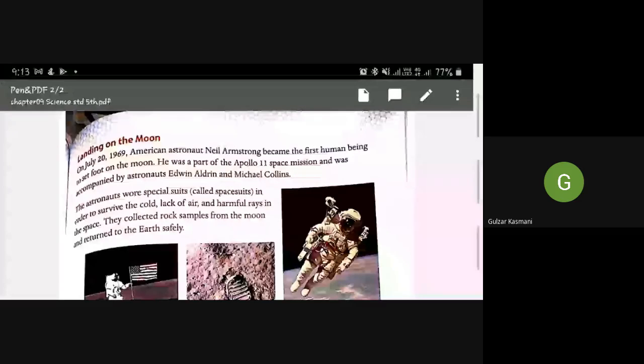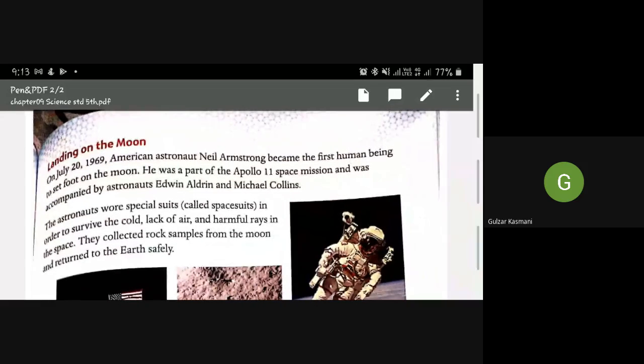Landing on the moon. On July 20, 1969, American astronaut Neil Armstrong became the first human being to set foot on the moon.